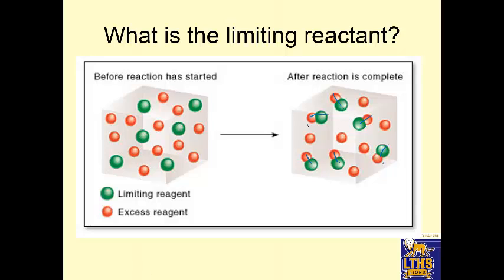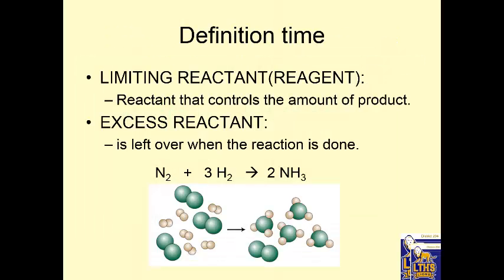All the other ones are excess reactant that is not chemically reacted and does not get used up. Okay, so definition again. A limiting reactant, sometimes called a reagent, is a reactant that controls the amount of product. Excess reactant is left over when the reaction is done.